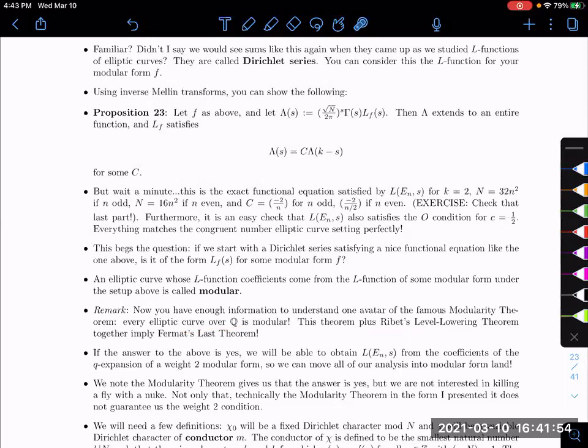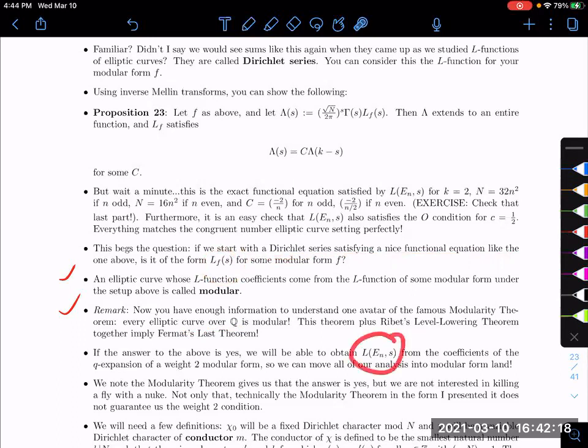So obviously I'm not talking about Fermat's last theorem so much in this talk, but I have to mention this here. This is crucial. And so if I go back to the question I asked here, if I start with a Dirichlet series with a nice functional equation, is it the L function of some modular form? If the answer to that question is yes, then what does that imply?